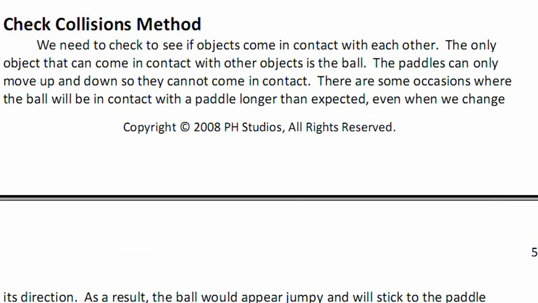Now we need to create the CheckCollisions method. This will handle the collision. It will determine if an object comes in contact with another object. The only object that can come in contact with another object is the ball. The paddles can only move up and down, so they cannot come in contact with anything. There are some occasions where the ball will be in contact with the paddle longer than expected. We might have a large speed and the ball might be in the middle of the paddle.